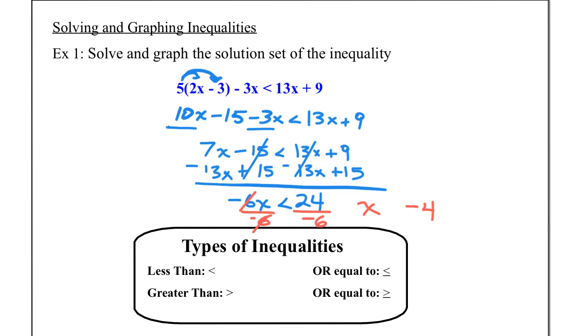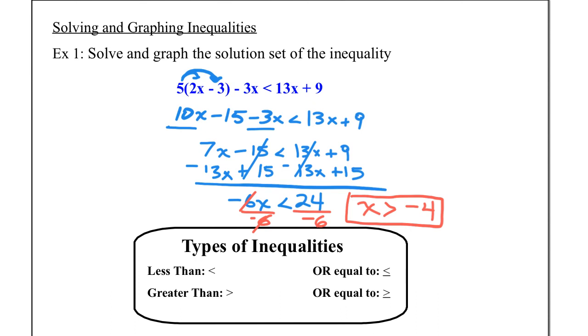However, even though we started with a less than symbol, I'm now going to write my answer as greater than. Why am I just kind of randomly doing that? When we multiply or divide by a negative with inequalities, we flip the sign to maintain the accuracy of the inequality itself.